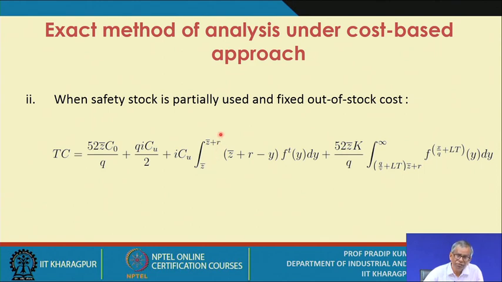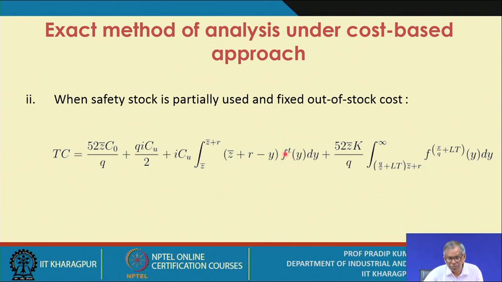Any value you use is greater than Z bar, but it must be within Z bar plus R. That is the maximum amount you have during the order period as well as the lead time. So this is your actual demand during the order period and the lead time, and the corresponding PDF is obviously to be convoluted t times.